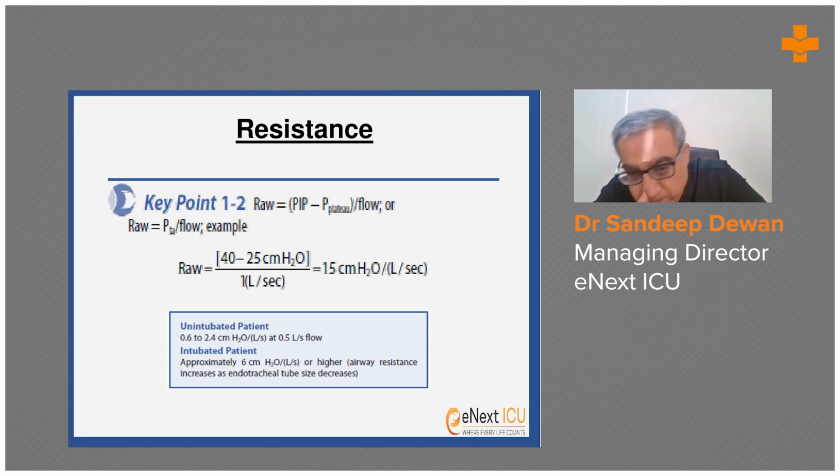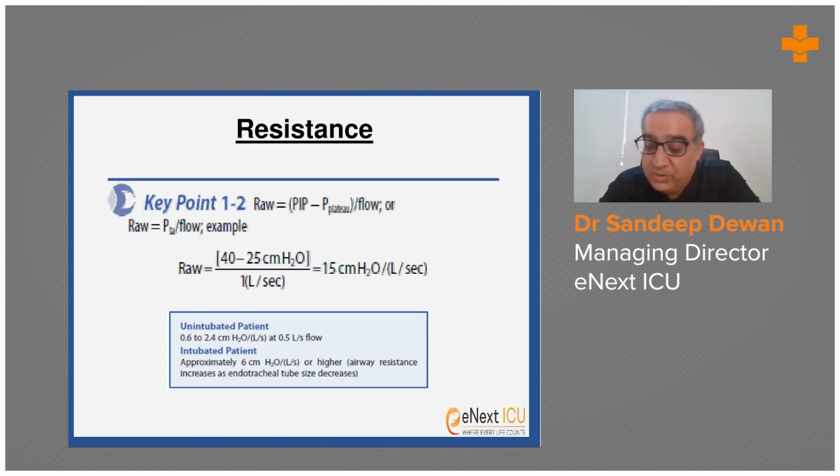In intubated patients, approximately 6 or higher is detrimental. So we don't want the resistance to go beyond 6, but then this needs to be calculated. That's why it's important that the ventilator gives you a lot of information, but to analyze and gather that information, you have to know how to calculate these numbers and act accordingly.